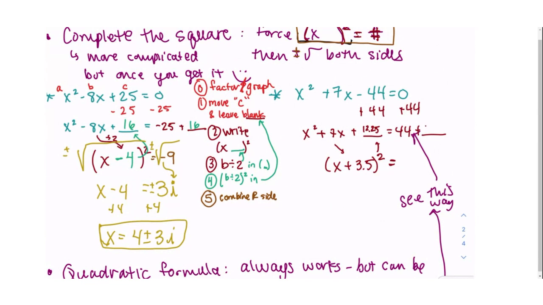So 44 plus 12.25. This is a weird problem. Okay, is 56.25. Okay, that's fine.